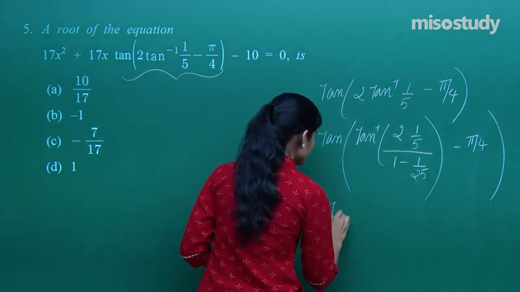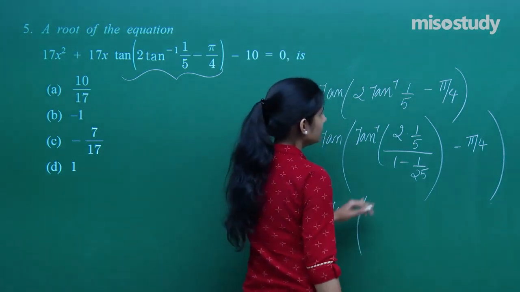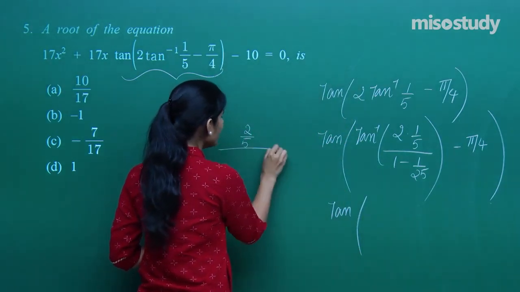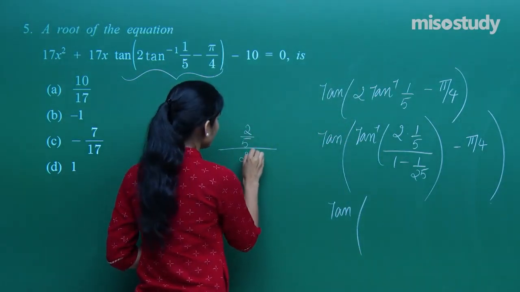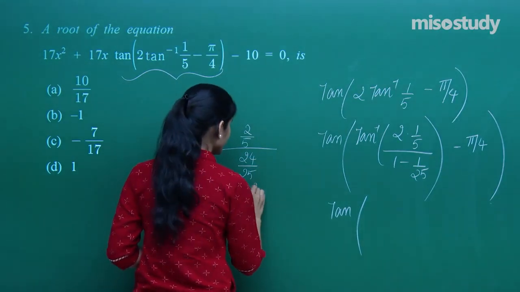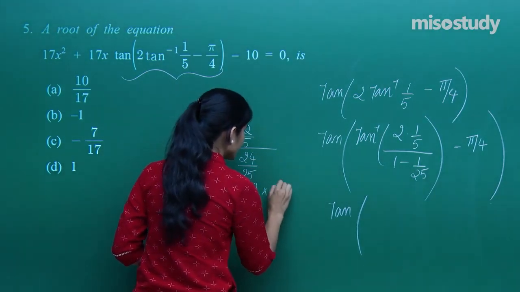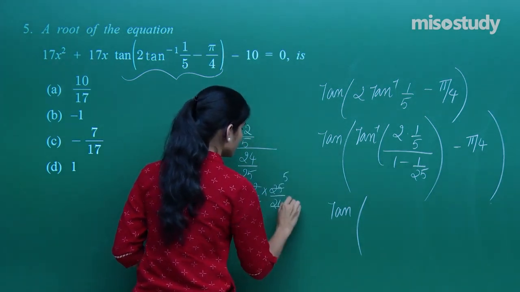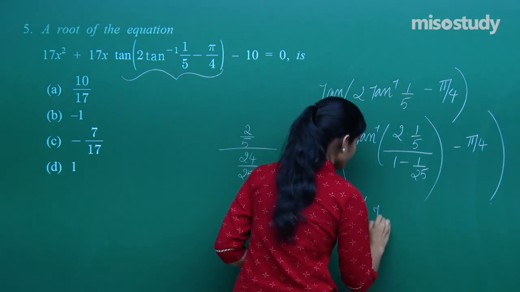Fine. So this is tan of 2 by 5 whole upon 24 by 25. So what you get basically is 2 by 5 into 25 by 24, which gives you 5 by 12.